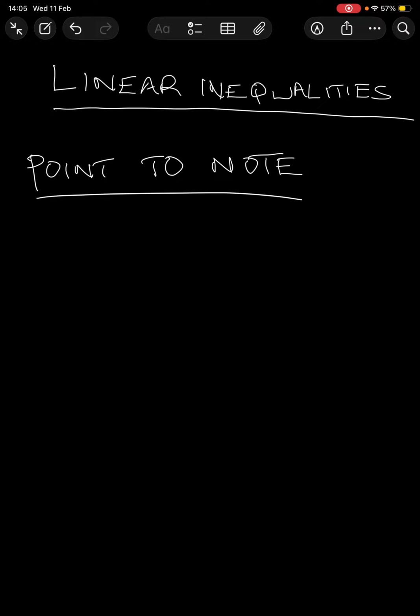Okay, so I want us to discuss linear inequalities, and we have to look at points to note. Number one is the linear inequality sign, whereby we have x is greater than 2.